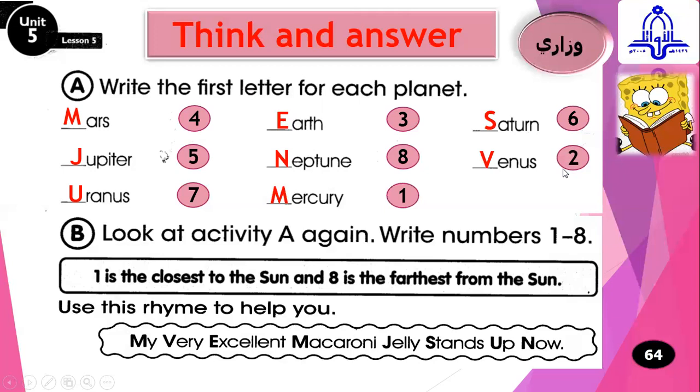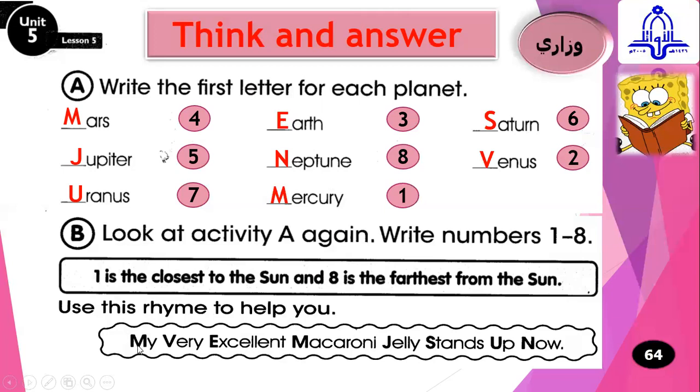تسلسل رقم 2. He said in activity B, use this rhyme to help you. If you can't study the planets in order, we can use this rhyme to help you study the planets in order.